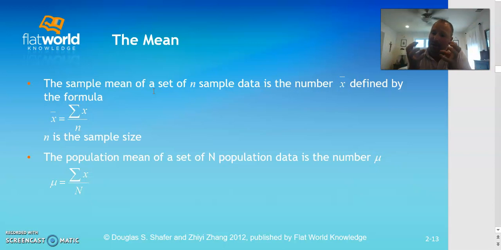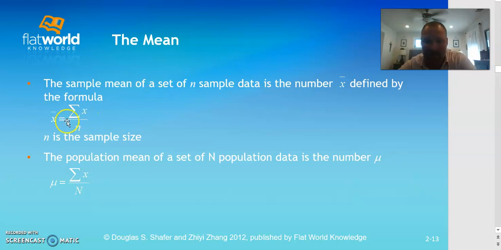But if we're just grabbing a small sample from there, maybe I sent out a random survey to random people in the United States, and maybe I only sent out 50 surveys to 50 random people, that would be the sample. And then the mean, or the average of that sample, would be the sample mean.